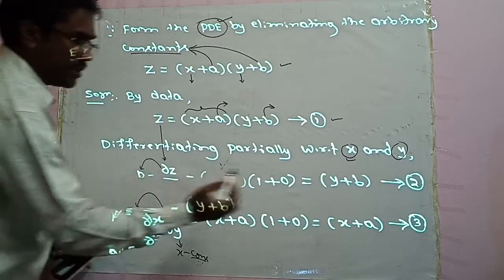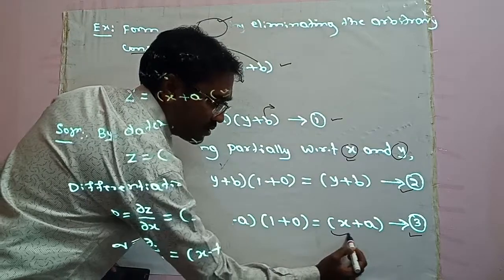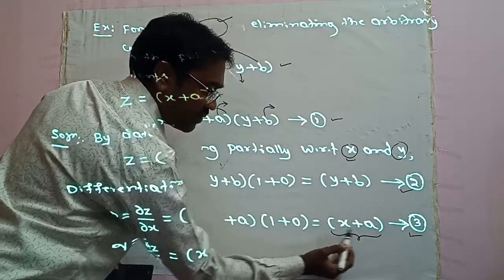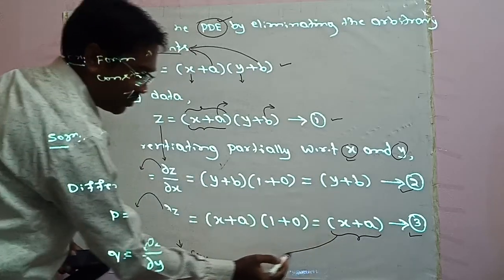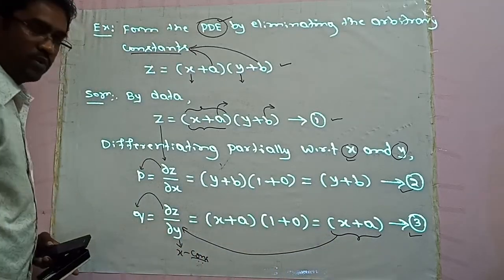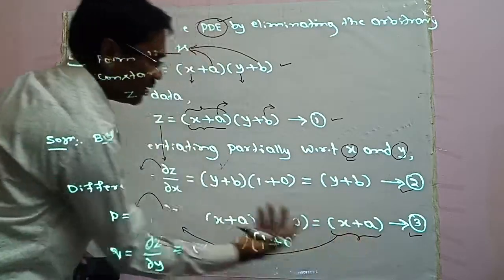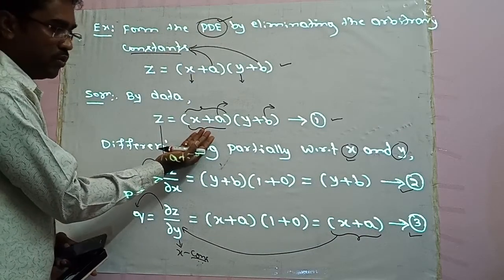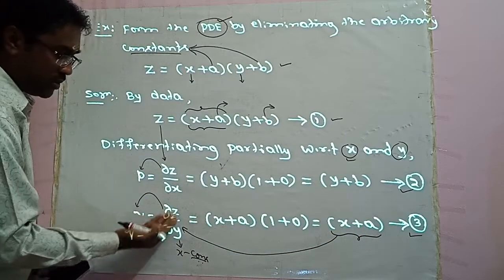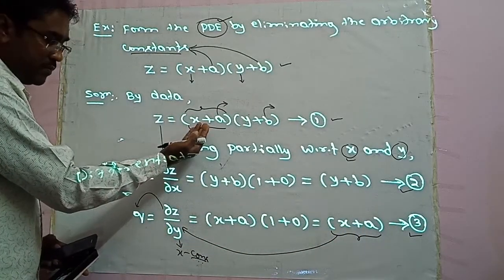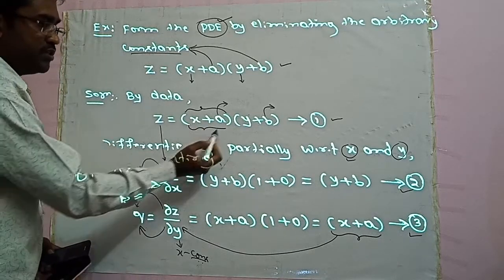You can observe in equations 2 and 3, in the place of x plus a, whose value is dou z by dou y, you can put dou z by dou y, or just q, so that we can eliminate x plus a from the function.